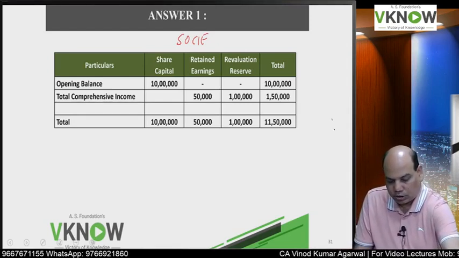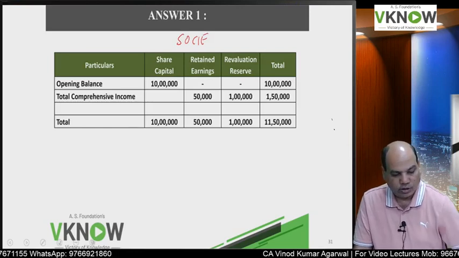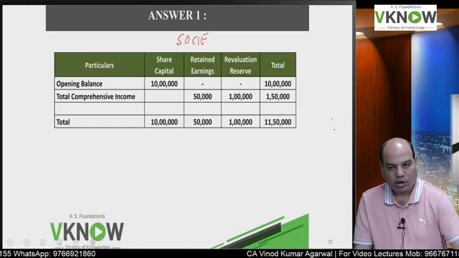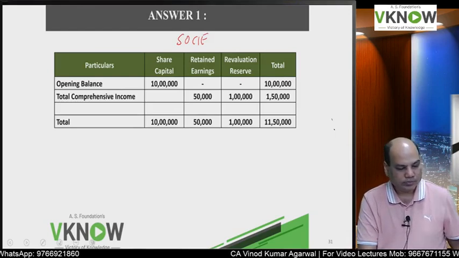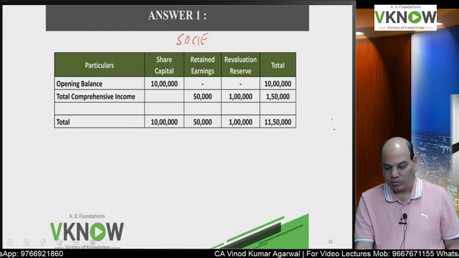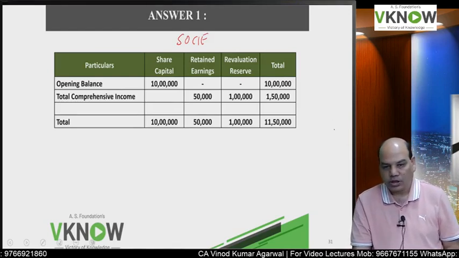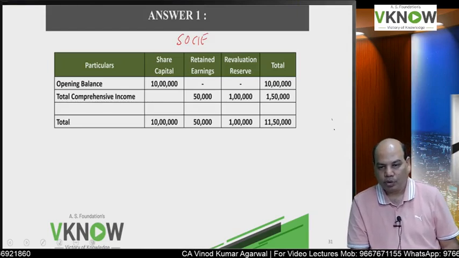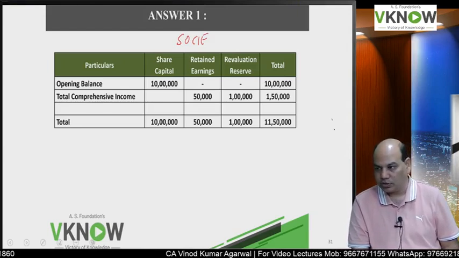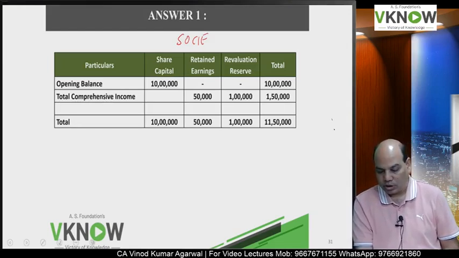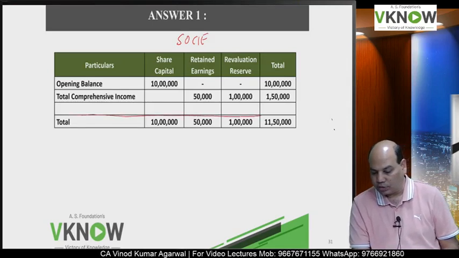Then write add total comprehensive income. Now go to your statement of profit and loss. Profit is 50,000, correct? Revaluation reserve is 1 lakh, total 1,50,000, and then you take the total of each column also.